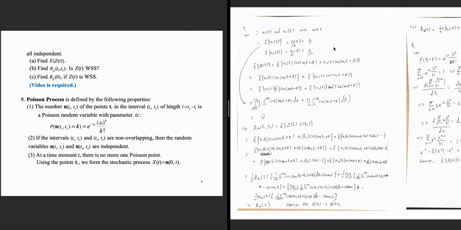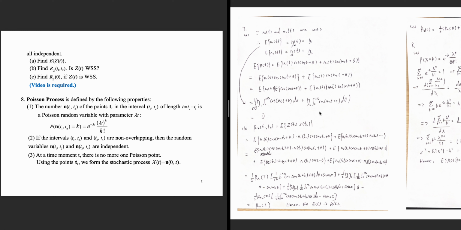We can use the equation, the principle of separating A plus B, and then we can separate this one into A times B, and then we will get the integral of these two things.